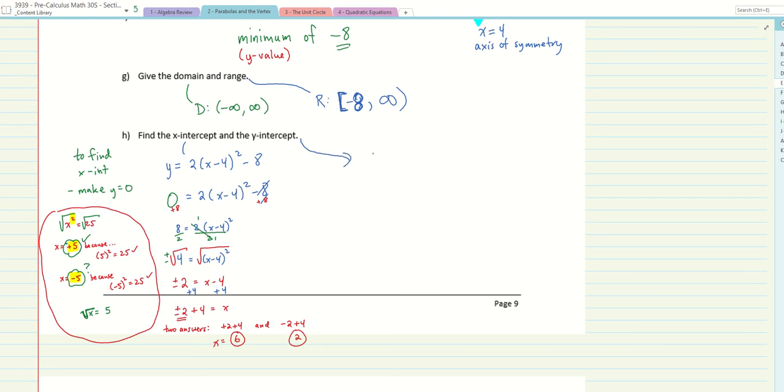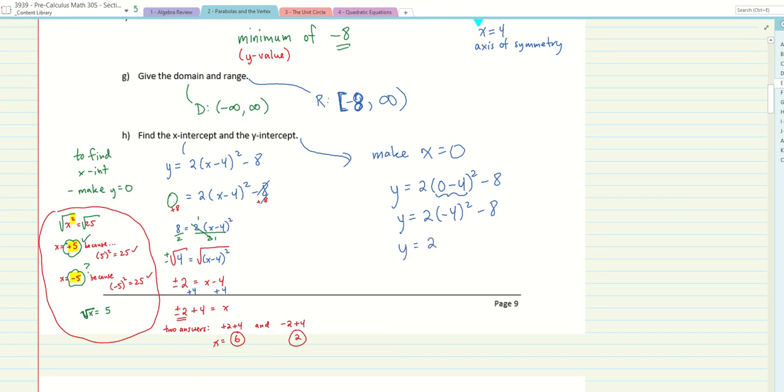because to find the y-intercept, we make x equal to 0, which is way easier because that's just plugging x into this equation. So y is equal to 2 times (0 minus 4) squared minus 8. 0 minus 4 is negative 4.